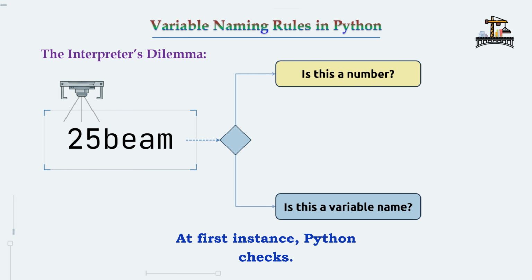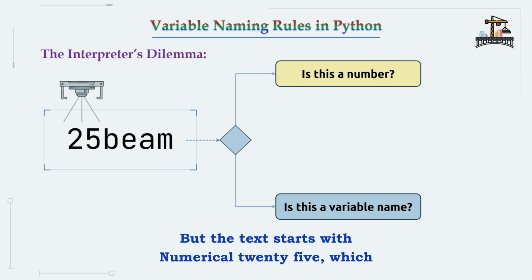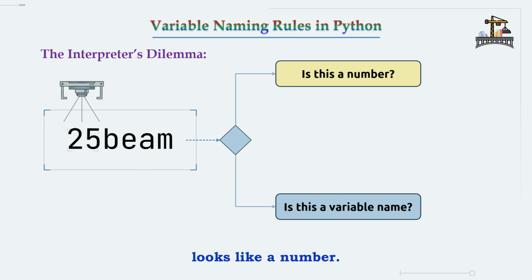At first instance, Python checks, is this a number like integer or float? Again, Python also checks, is this a variable name? But the text starts with 25, which looks like a number.